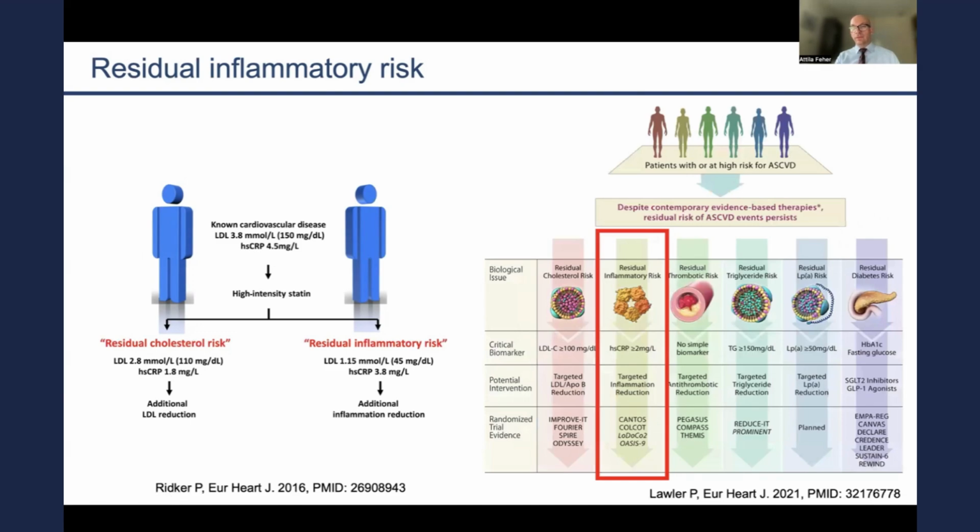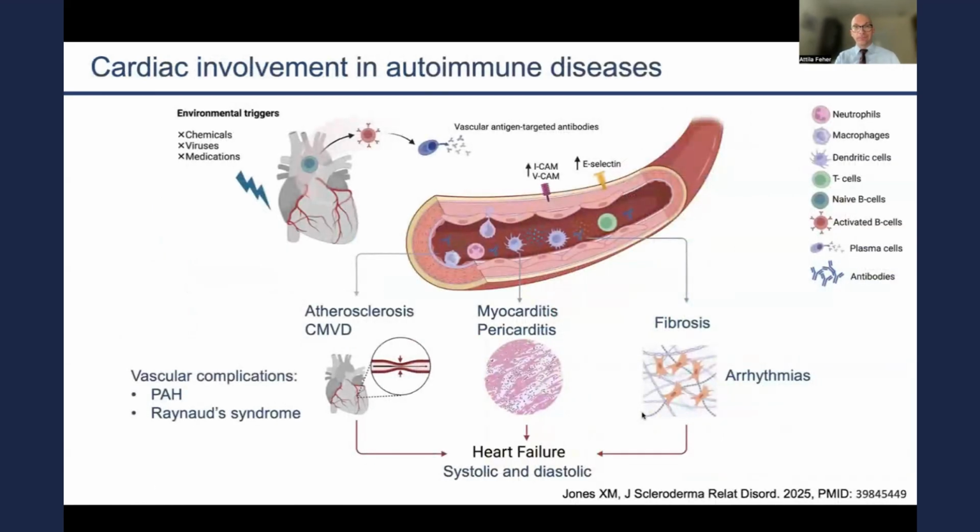In this nice era we can talk about all different risk, and residual inflammatory risk is usually considered when the CRP is greater than 2, and we have newer therapies coming out for targeted inflammation reduction. The most important one at this point is colchicine, which will reduce future cardiovascular events in patients at very high risk for atherosclerotic disease or those with a recent myocardial infarction.